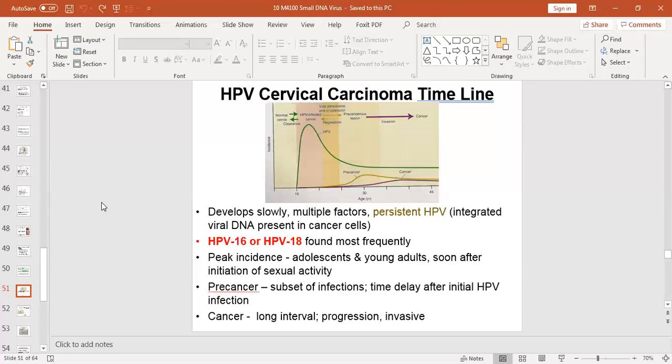Sometimes we have instances where we have an infection, but the infection clears by itself. Those cells are dysplastic at this point, but sometimes we have precancerous lesions that will convert into cancer, and it's a very invasive type of cancer.